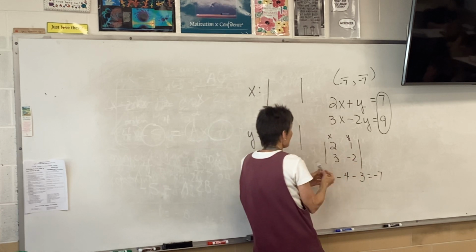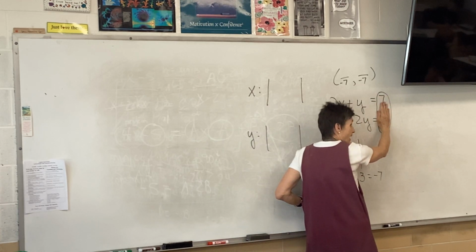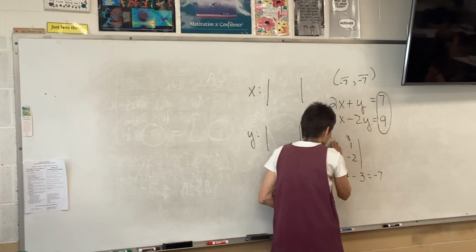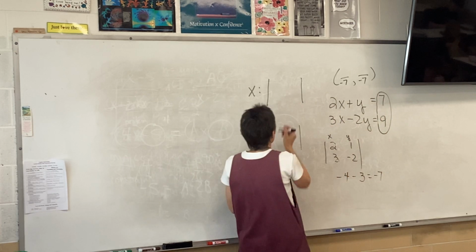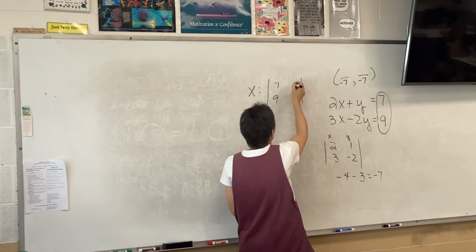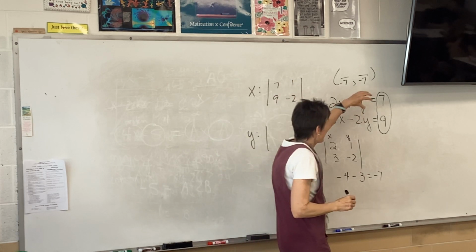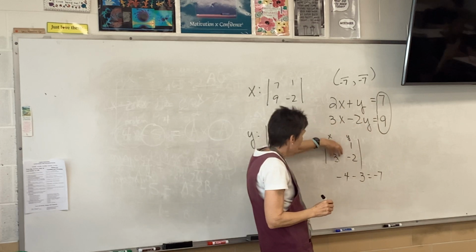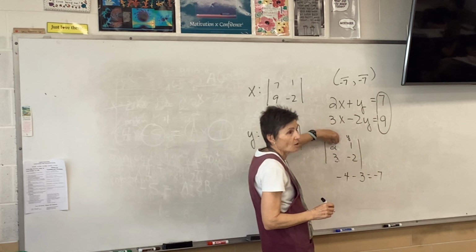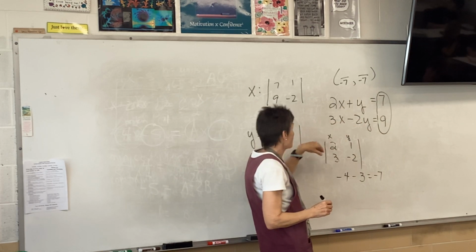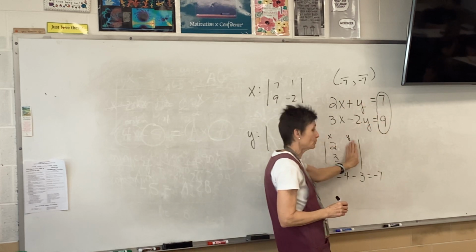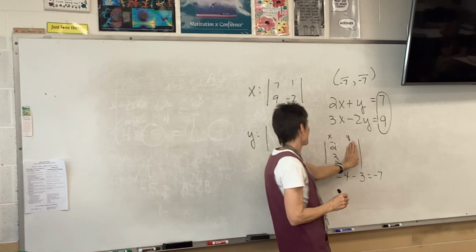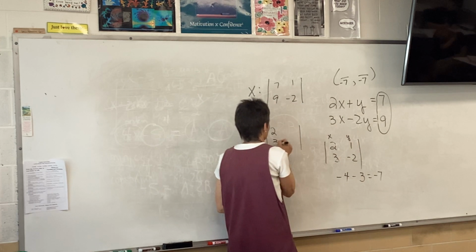If I'm solving for x, I'm going to cut these out, and I'm going to paste them right here. So what does that determinant look like? 7, 9, 1, -2. Cut these out and glue them on top of the letter that you're solving for. So when I do y, I'll cut these out, but I'll glue them here. So that will be 2, 3, 7.